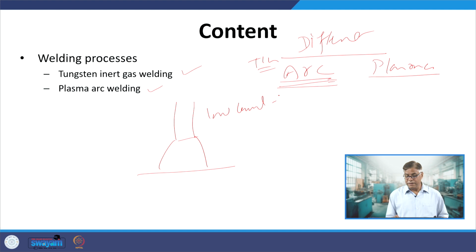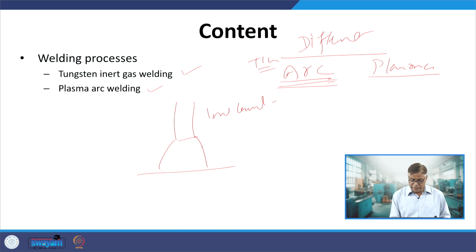On the other hand, in plasma arc welding, the arc is primarily used to ionize the plasma forming gases, and those plasma gases are then passed through the constriction nozzle, where constriction of the plasma takes place, which in turn helps to increase the power density associated with the plasma.